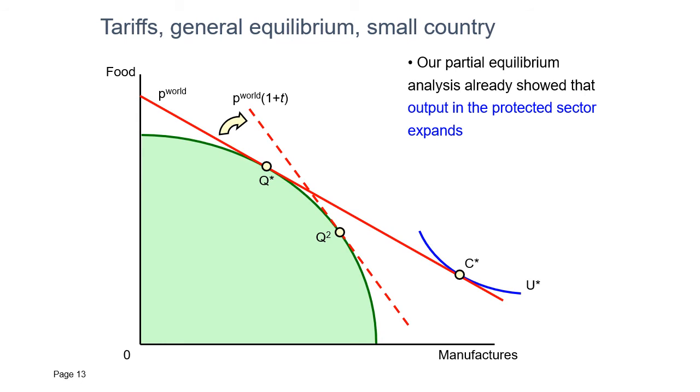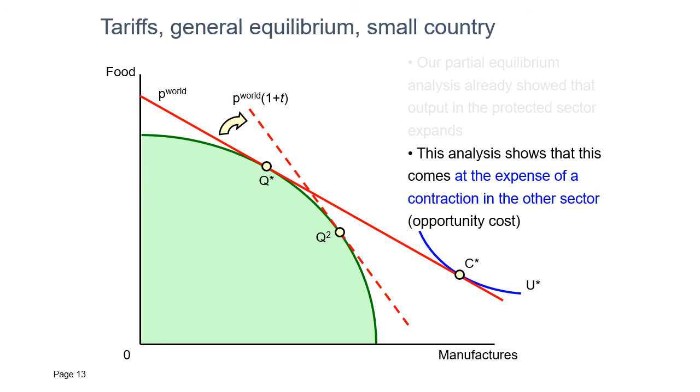So we're increasing our production in the protected sector. The protected sector is the sector in which we applied the tariff. But unfortunately, having increased our production in the protected sector, the sector in which we had comparative advantage, or from which we were exporting, has contracted a bit. So that's important to take note of.